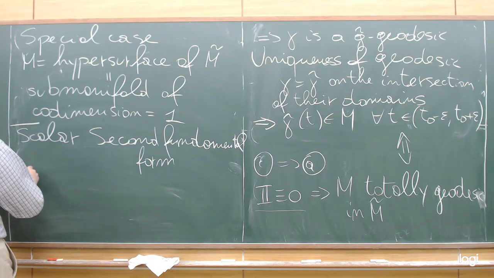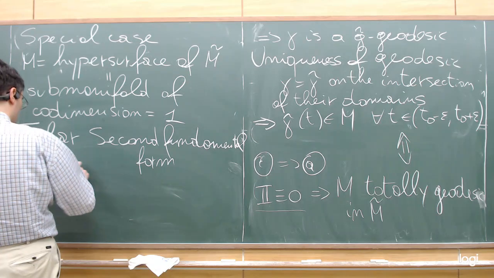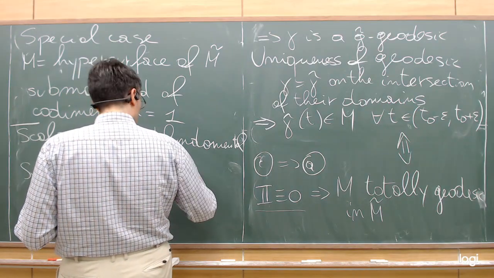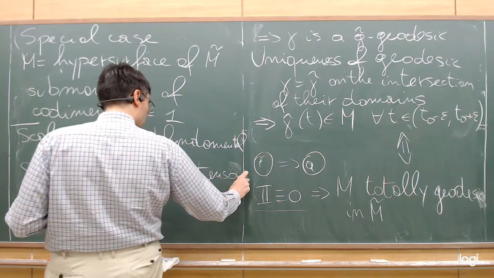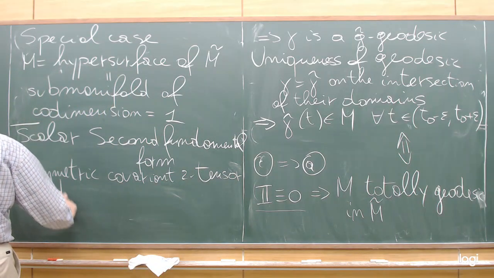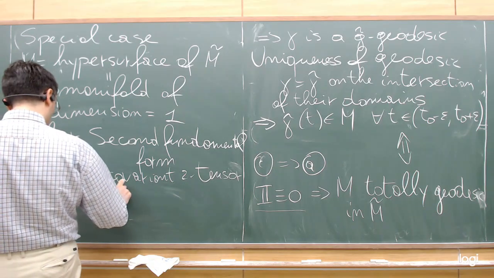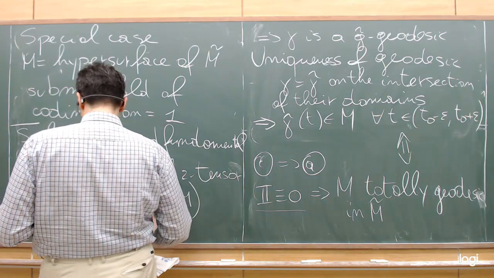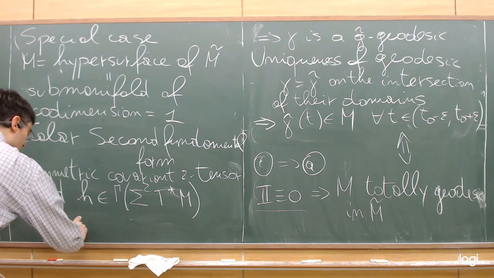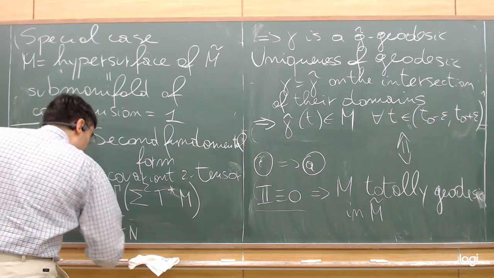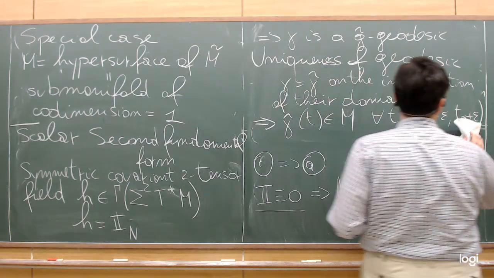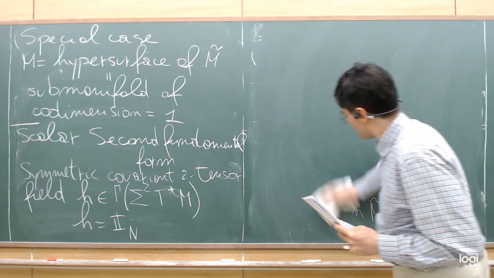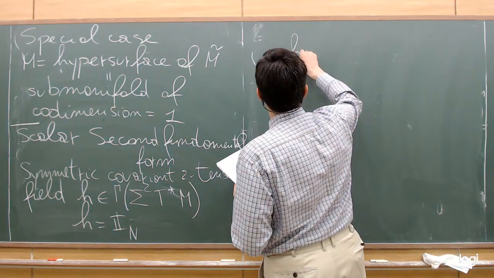So this is the symmetric covariant 2-tensor field H defined by writing H equal to N. So in other terms, we take the normal part of the second fundamental form, that is H(X,Y).